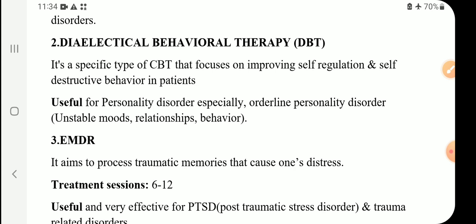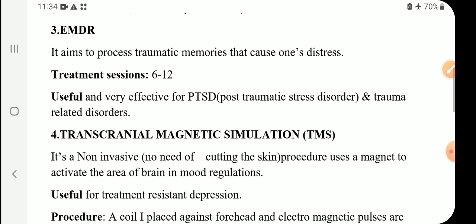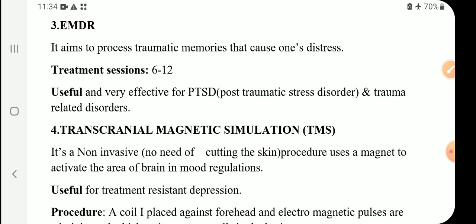And coming to the next therapy, it is EMDR therapy. In EMDR therapy, it mainly aims to process traumatic memories. For example, let's say a patient suddenly sees any shock, any sudden surprise, sudden shock, or any sudden dangerous event, any crime situation.